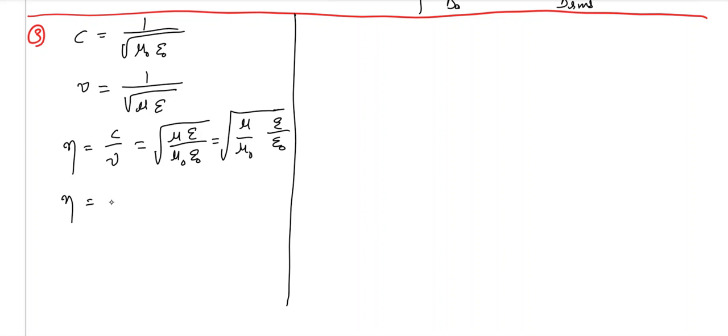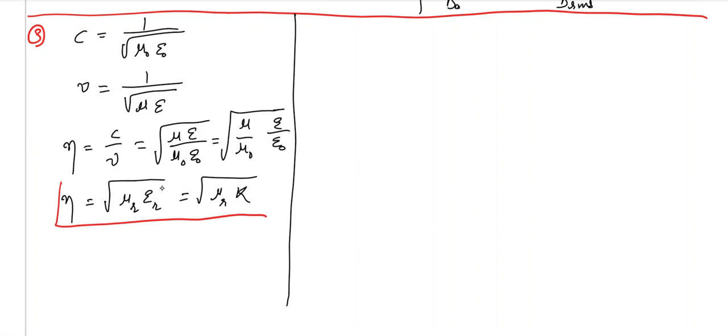So I can say that eta is nothing but under root of mu r into epsilon r, or mu r into k, the dielectric constant. So what this suggests is that the speed of electromagnetic waves is decided by the refractive index of the medium. Use these three equations and you will come to know how refractive index affects the speed of light.